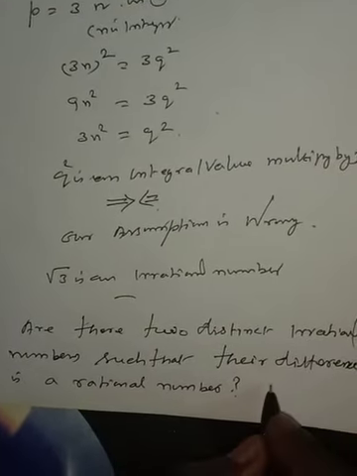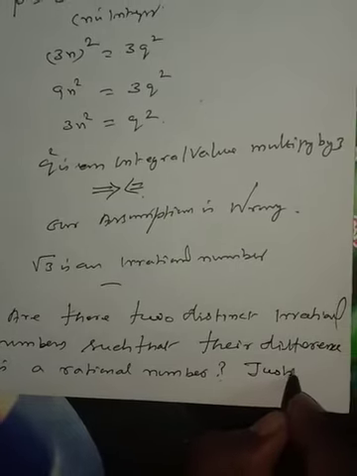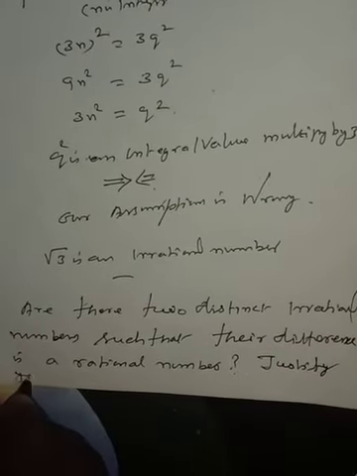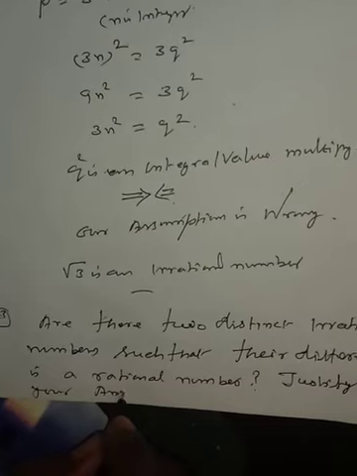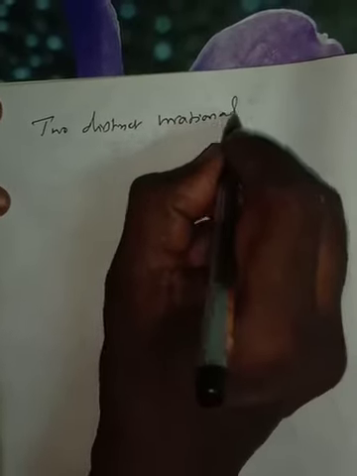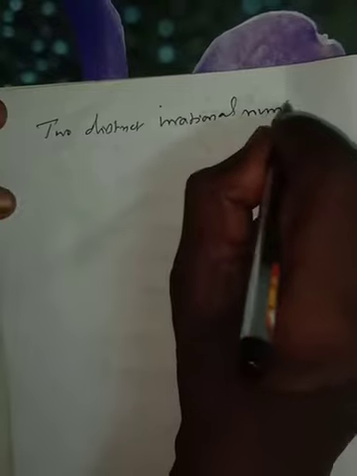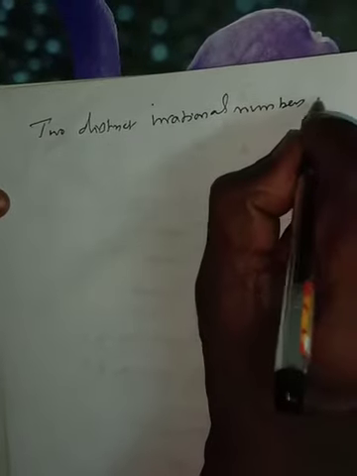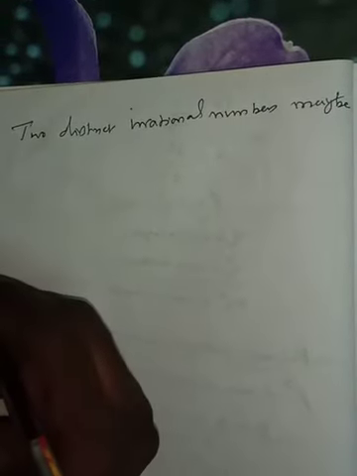Justify your answer. Two distinct irrational numbers may be rational or irrational.